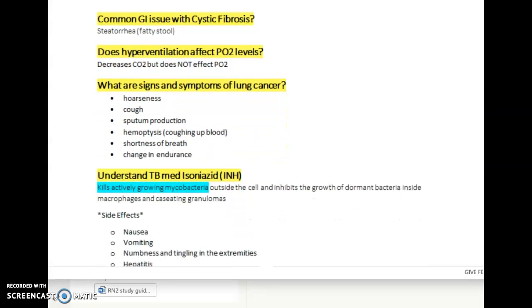Mentioned above too, the common GI issue with cystic fibrosis is steatorrhea, which is the fatty stools.